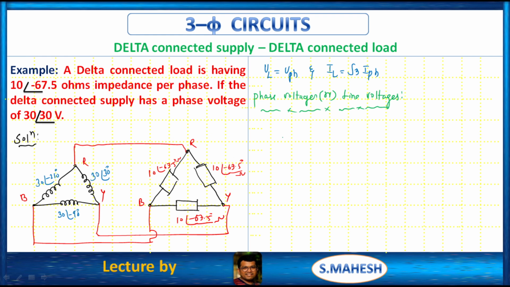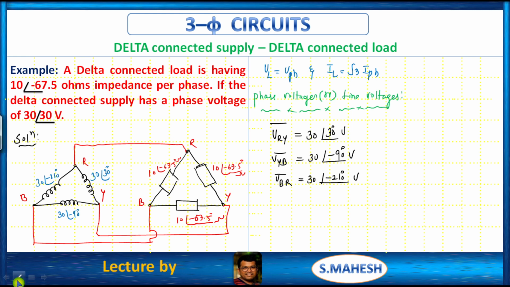So from this, phase voltage is VRY, which is equal to, given, 30 at an angle 30 degrees, like that VYB, which is equal to 30 at an angle minus 90 degrees, like that VBR, which is 30 at an angle minus 210 volts. Completed, which is nothing but phase voltage as well as line voltage.